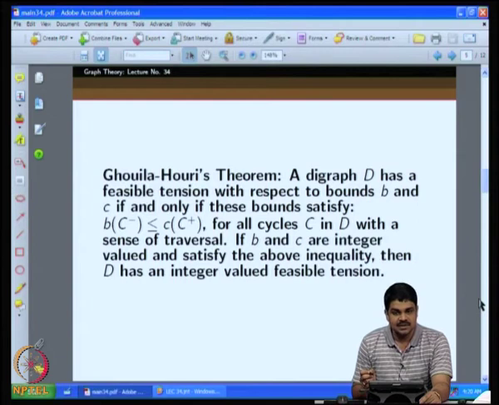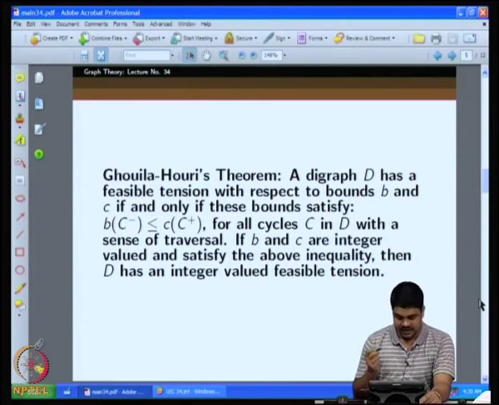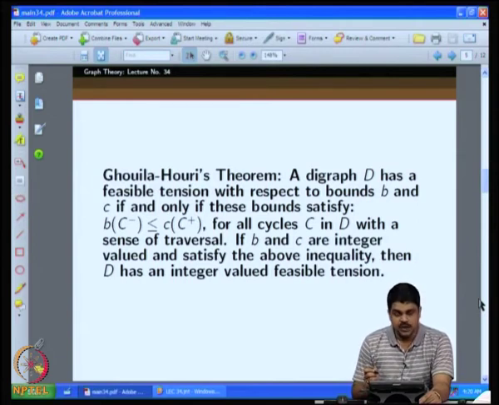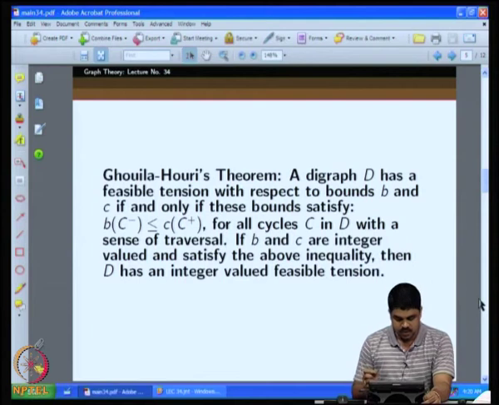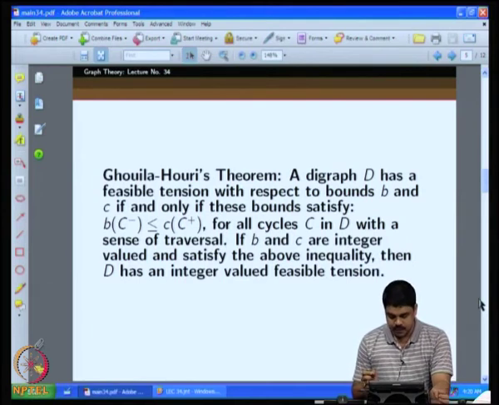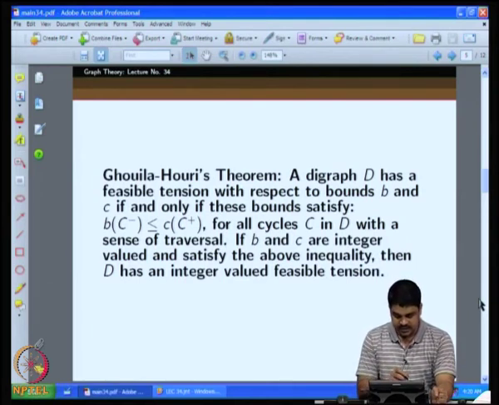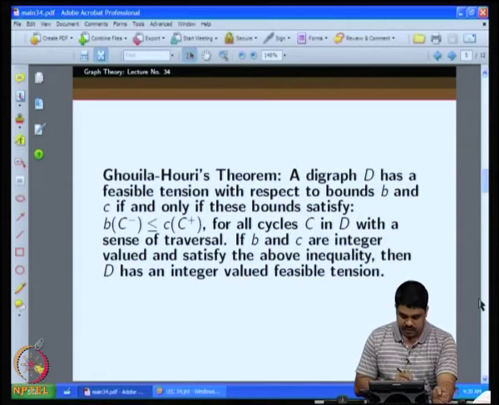This is a necessary condition. Now, this necessary condition is also sufficient. It was proved, and this is the theorem, but we will not get into the details of this. Anyway, that is very much similar to the theorem that we have seen.